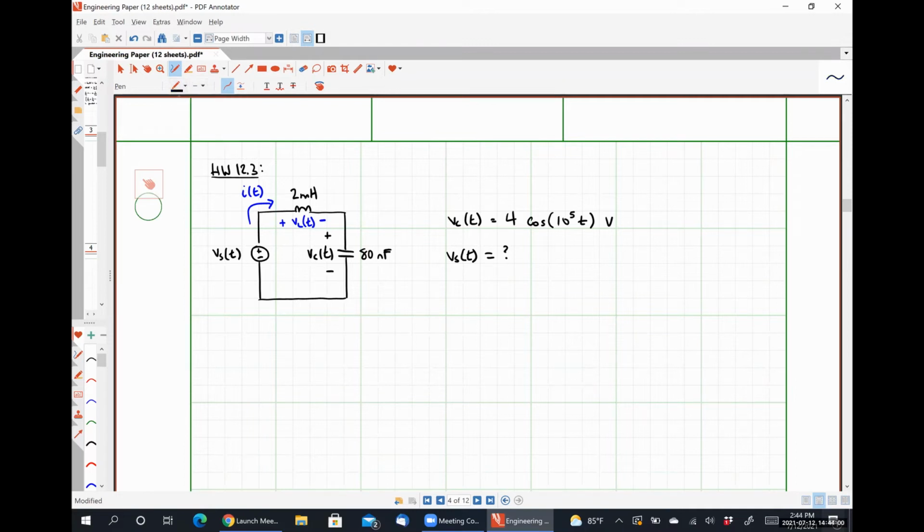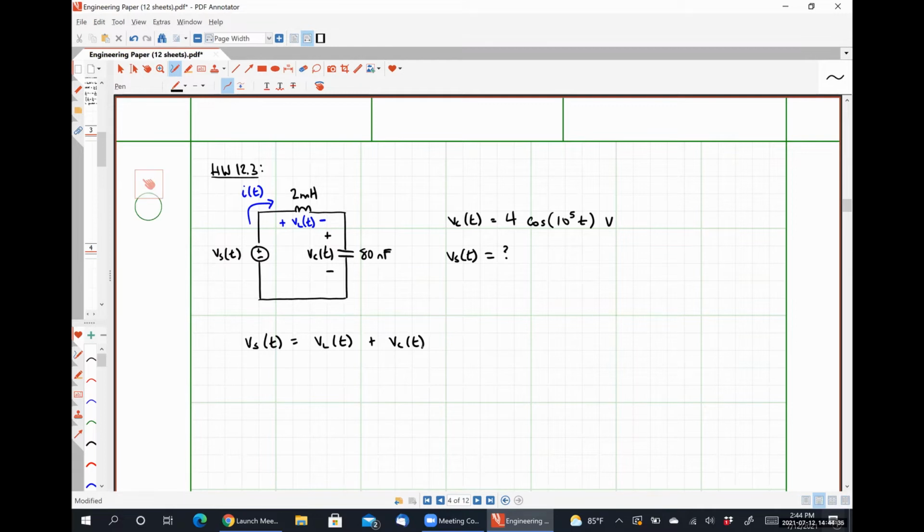So I know that Vs of t will be equal to VL of t plus Vc of t. Does anybody have any problems with that? I have applied Kirchhoff's voltage law exactly as the gentleman who spoke suggested. Good so far. All right, everything looking good so far.